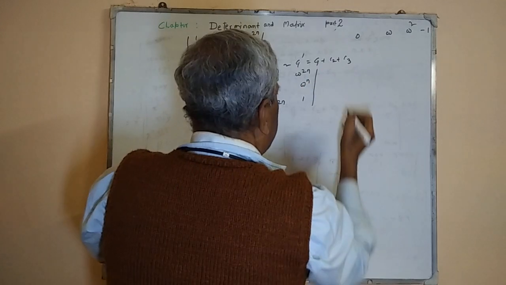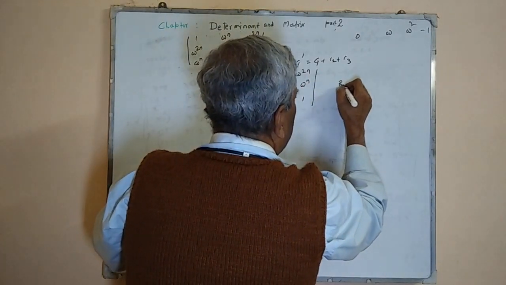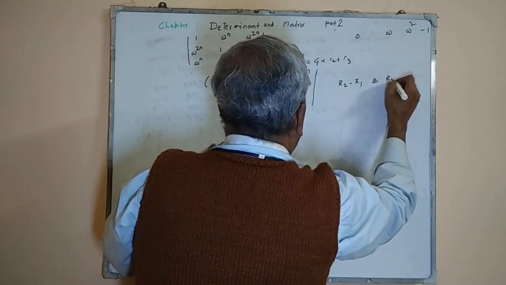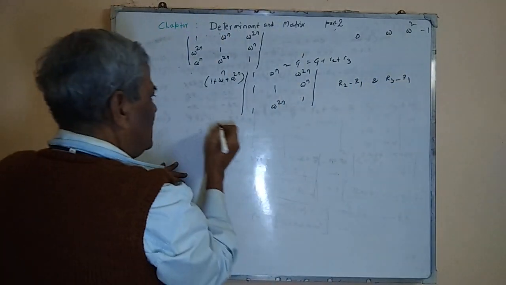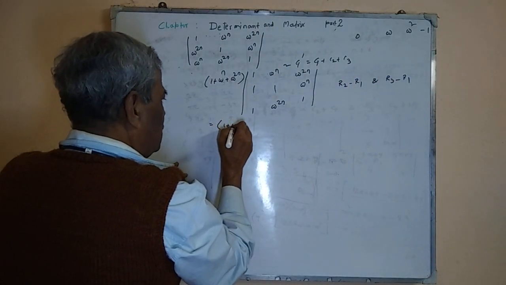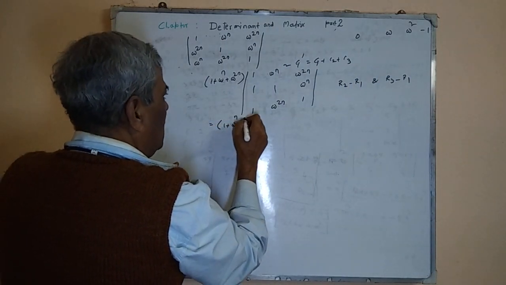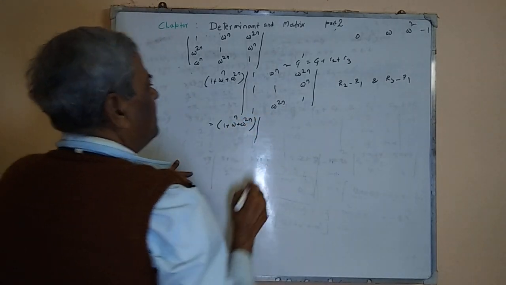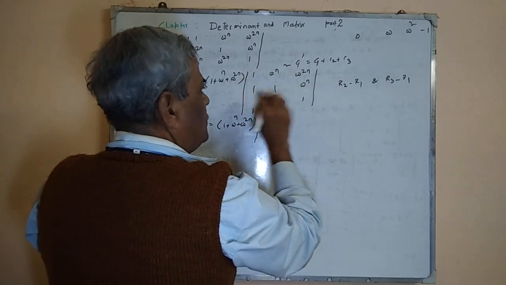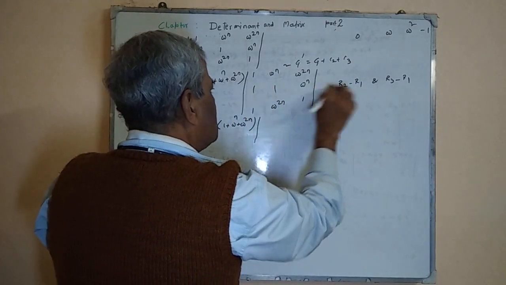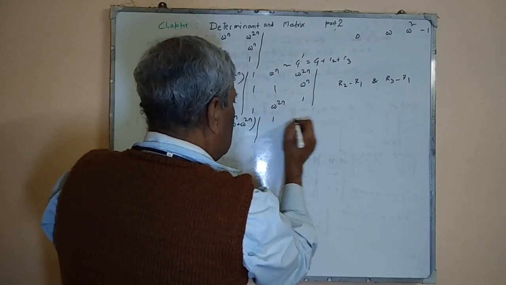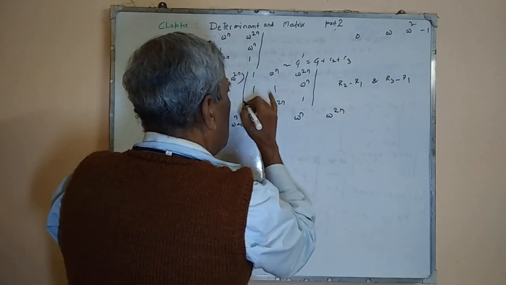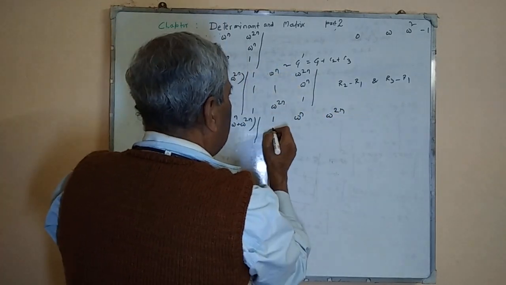Now again operating R2 minus R1 and R3 minus R1, we get 1 plus omega to the power n plus omega to the power 2n into this determinant. Operating R2 minus R1, this minus that: the first one is intact. The second one, this minus that, is 0.